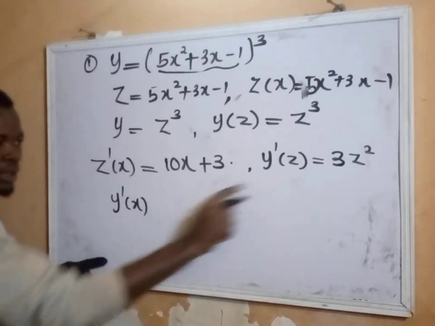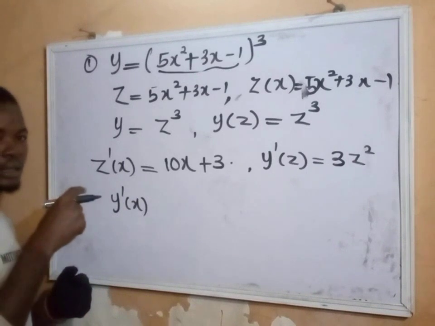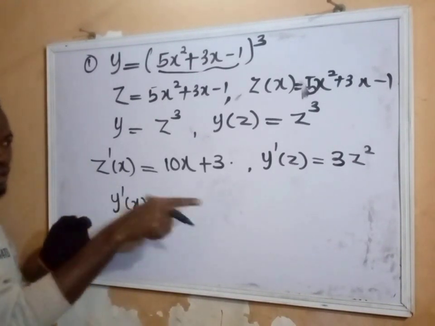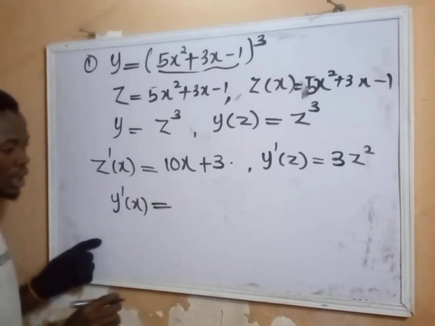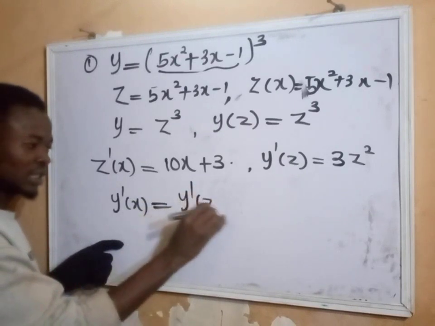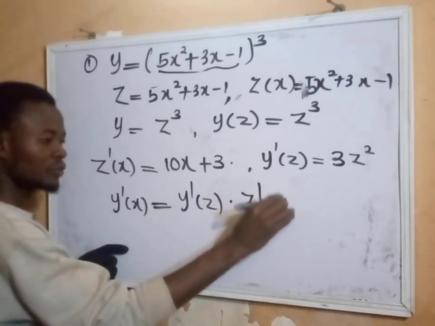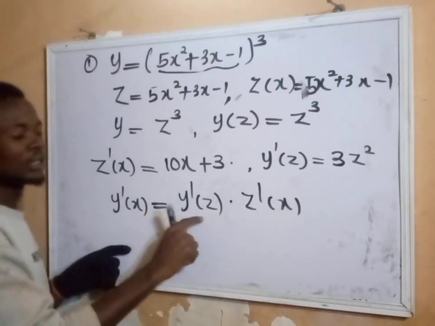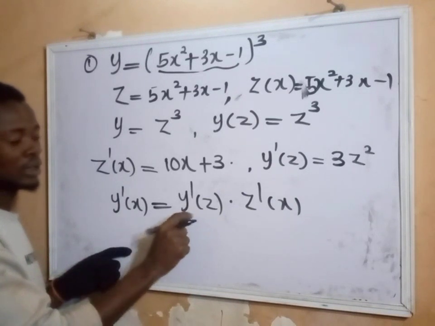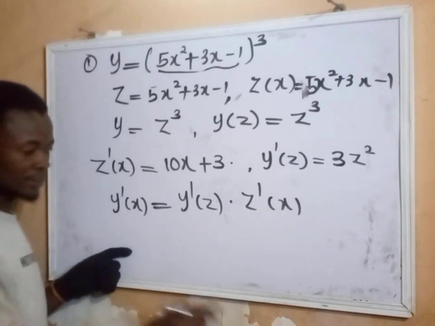Don't misplace this: here is z, here is x. Our final product should be the derivative of y, not z. So here we are going to have y prime of z dot z prime of x, which is dy divided by dx equals to dy divided by dz times dz divided by dx.